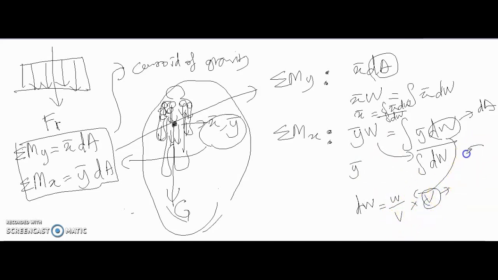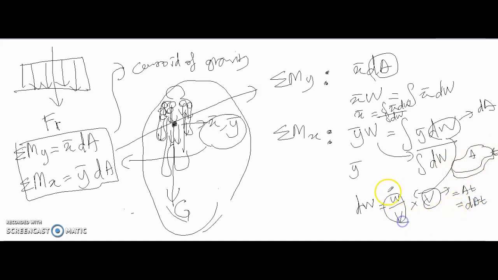If we have an object like this, it has a thickness. So this is an area, and this is the thickness t. So the volume here is equal to area multiplied by the thickness. Because the area is changing, we can put it as a differential area dA.